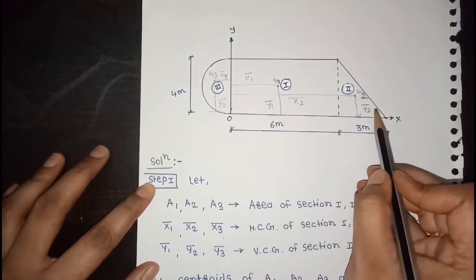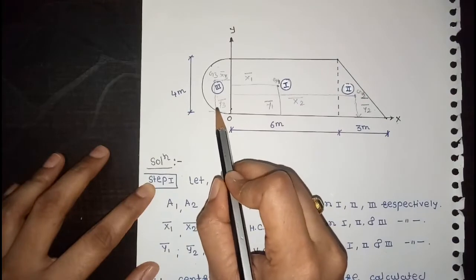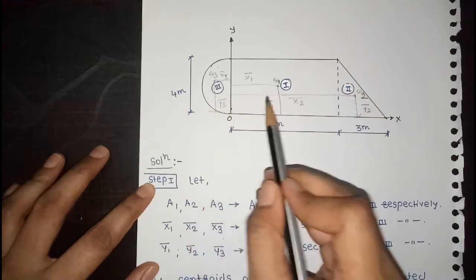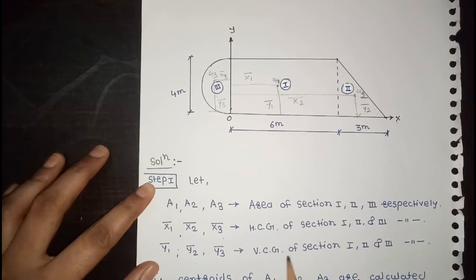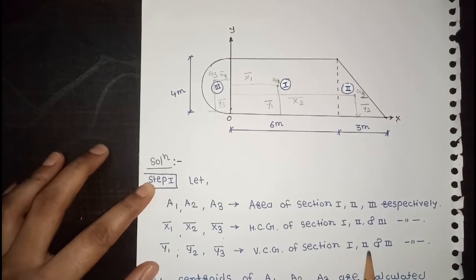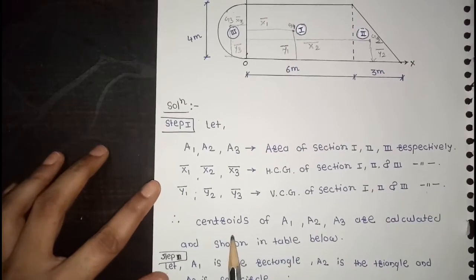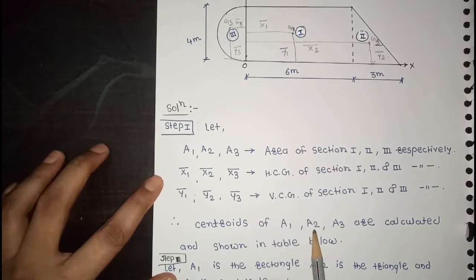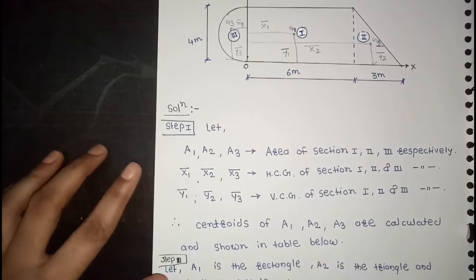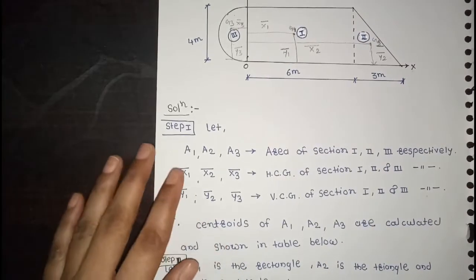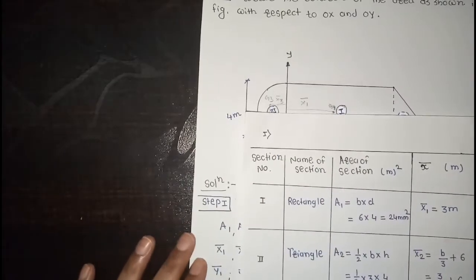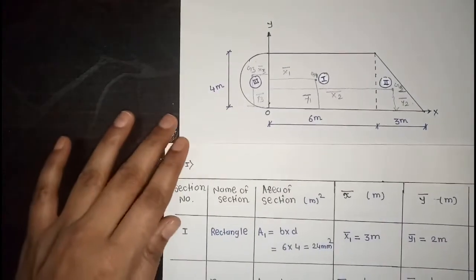So Y1 bar, Y2 bar and Y3 bar are known as vertical centroidal distances of section number first, second and third respectively. Therefore, centroids of A1, A2 and A3 are calculated and shown in the table below. So this is step second: calculate the centroid of all these three sections.